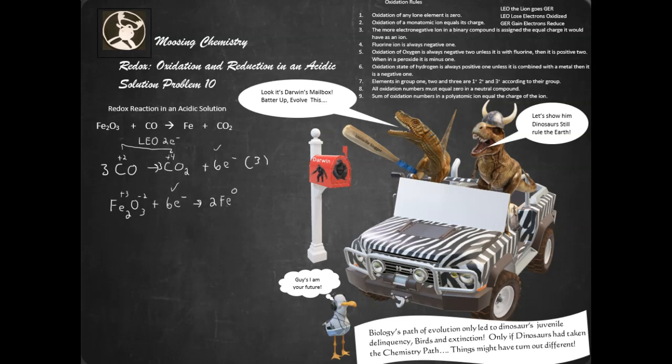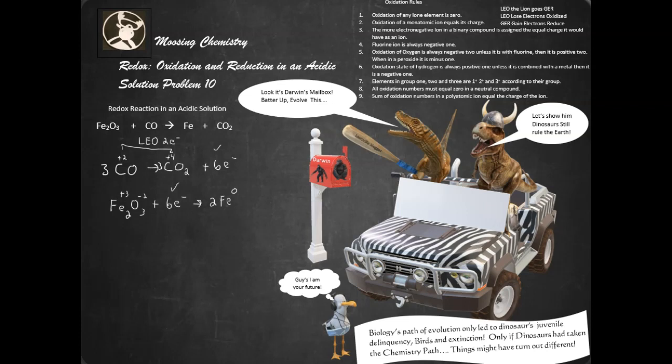Now let's clean this up again, and now we know what we've got here. Also, let's look at our oxygens. It's very important. We have 3 oxygens over here and 6 oxygens over there. So that means we need 3 H2Os over here.